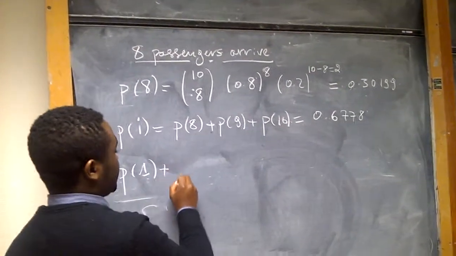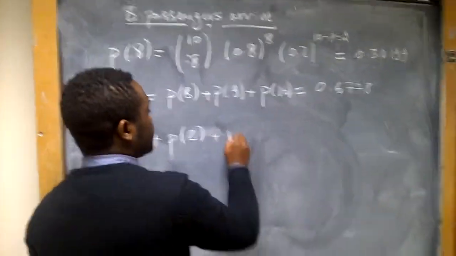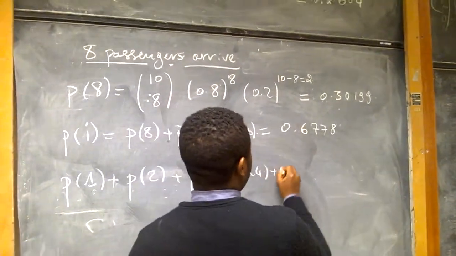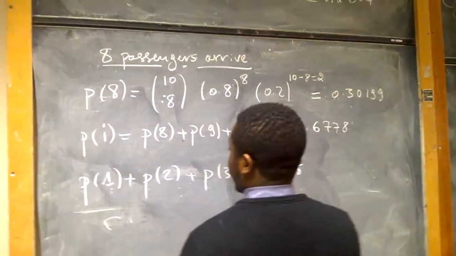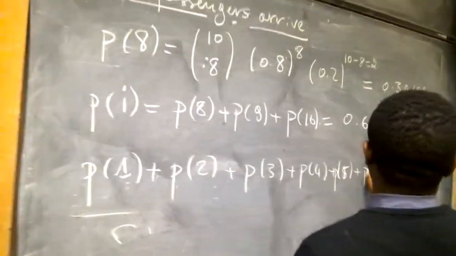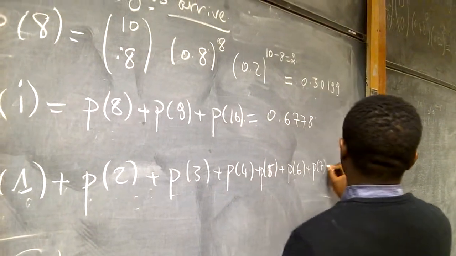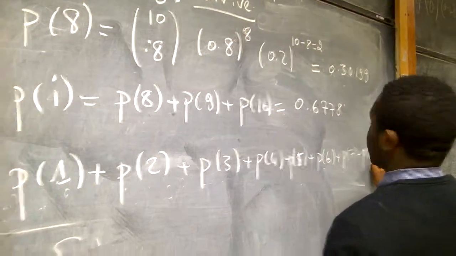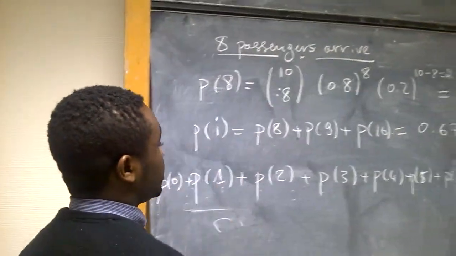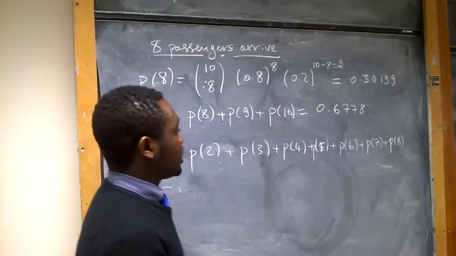And if we add P of 2, P of 3, P of 4, P of 5, P of 6, P of 7, and P of 8, sorry, I forgot P of 0, which means that the plane takes off empty, so none of them has come.